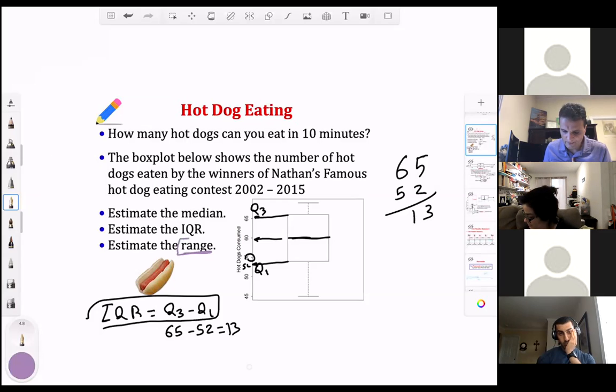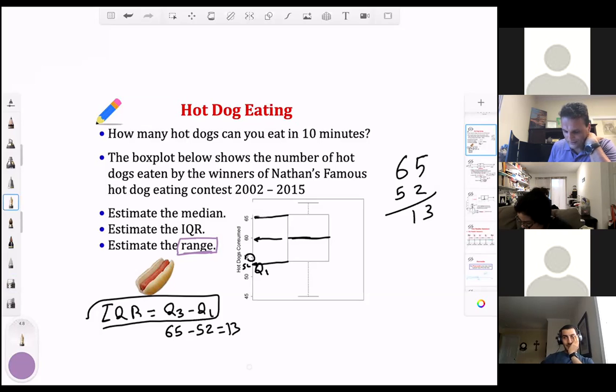What is the range? Musa, what is the range? Would it be like 30? That's okay.